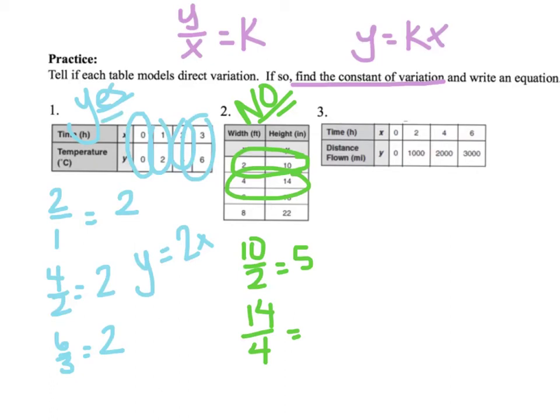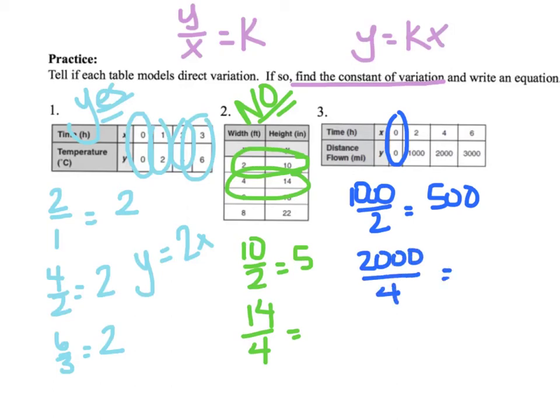Well, here we've got another one that goes through the origin. So we know that one's going to be proportional, but let's go ahead and try out the rest of them. I'm going to take 1,000 over 2, which is equal to 500. 2,000 over 4 is equal to 500. And 3,000 over 6 is equal to 500.